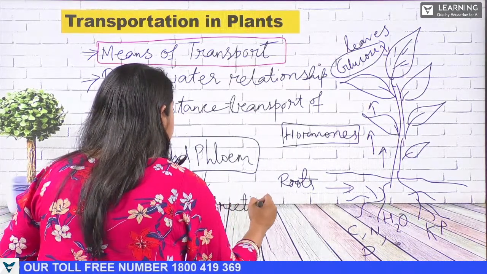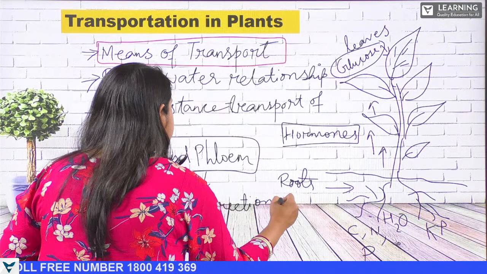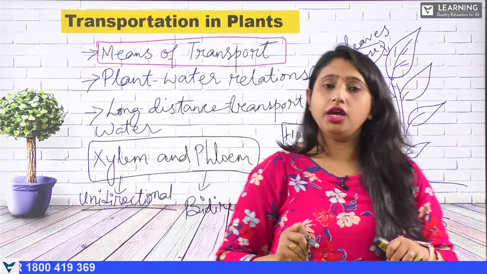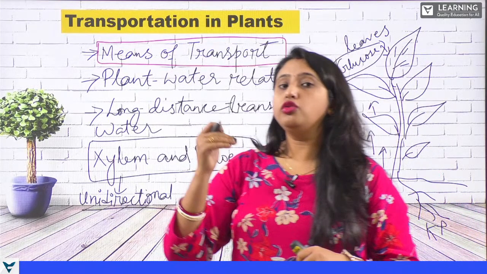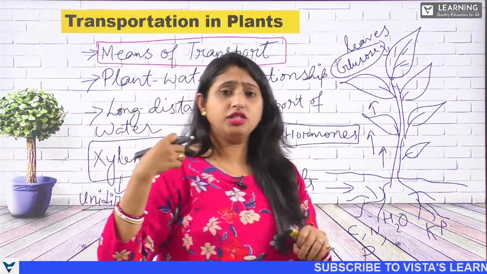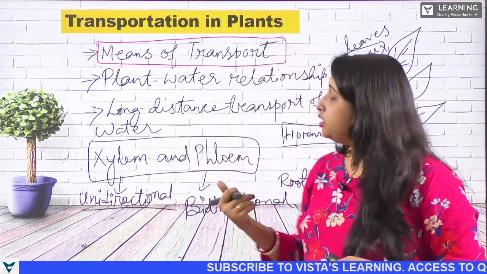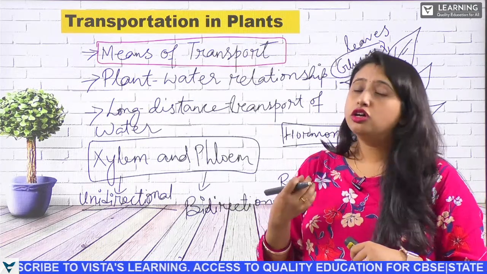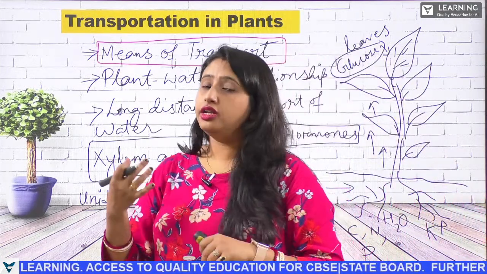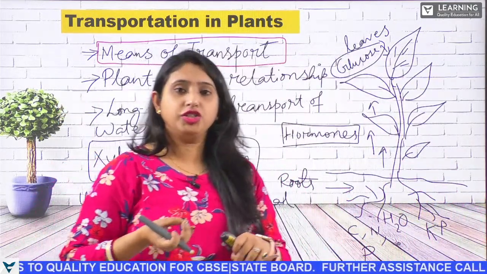Xylem can only transport the water from the roots to the stem. So it is unidirectional. Whereas the phloem carries the food, from the leaves where the food is being prepared, and transports it in a bidirectional manner.